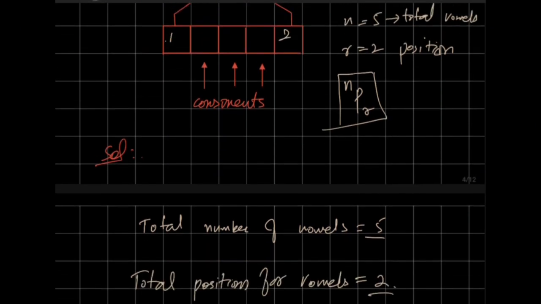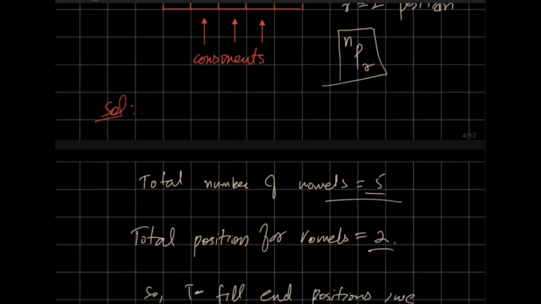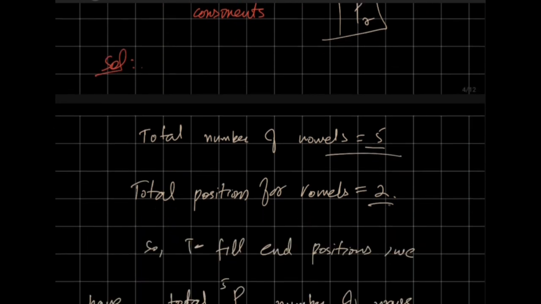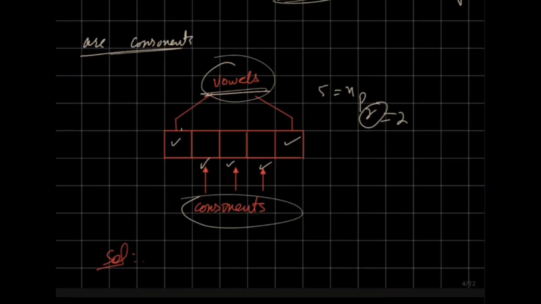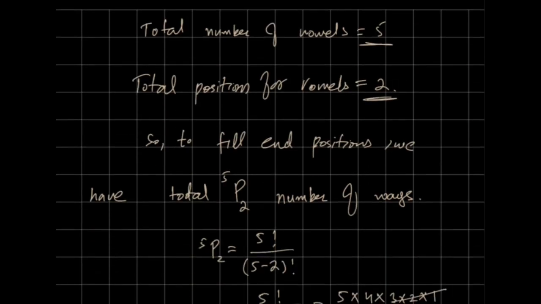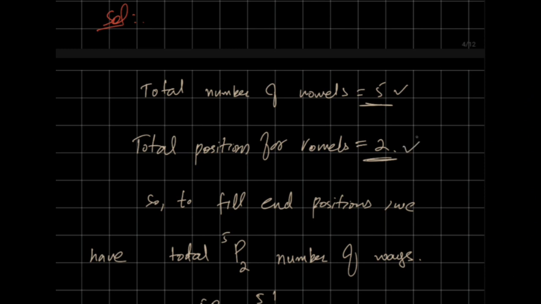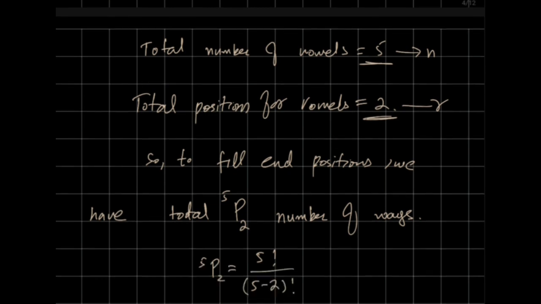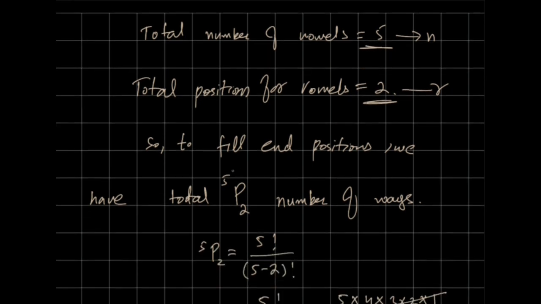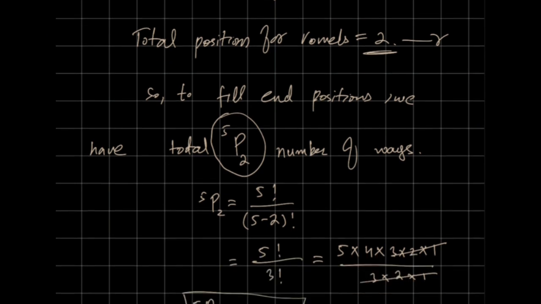I have done the same thing here. Total number of vowels is 5. Total number of positions for vowels is 2, because this is 1 and this is 2. So it is n and this is r. So to fill these positions, we have 5P2 ways, right?